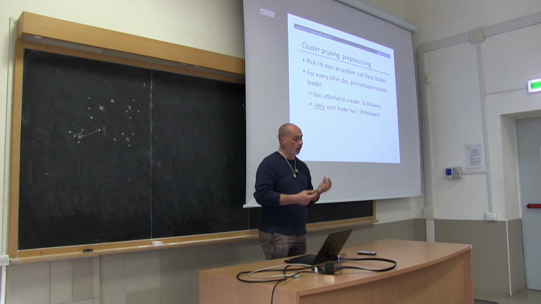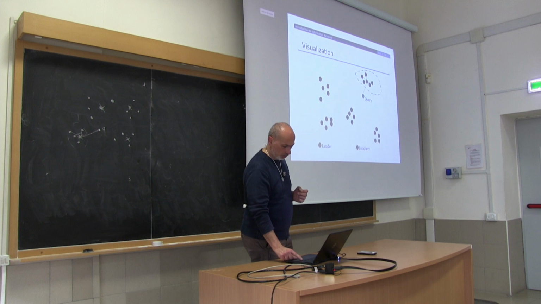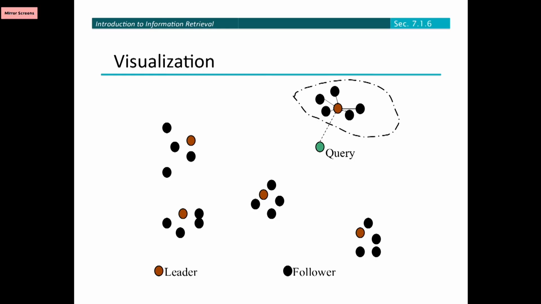Okay? Once I have computed the cosine similarity with the leaders, with all the leaders, I decide that I'm going to answer using the closest leaders. Okay? What is going to happen at that point?